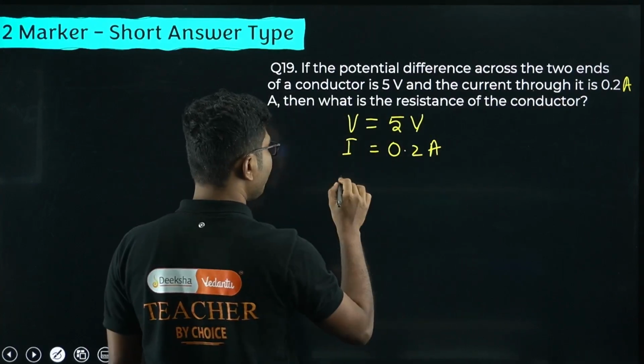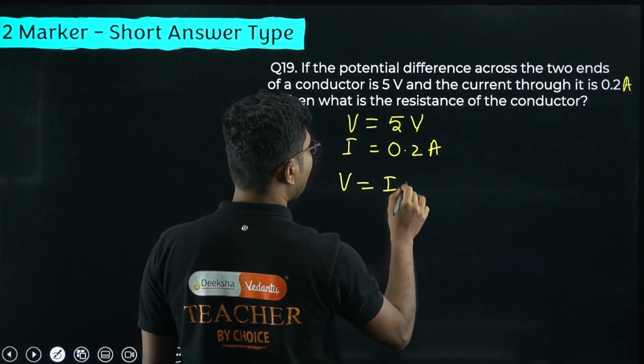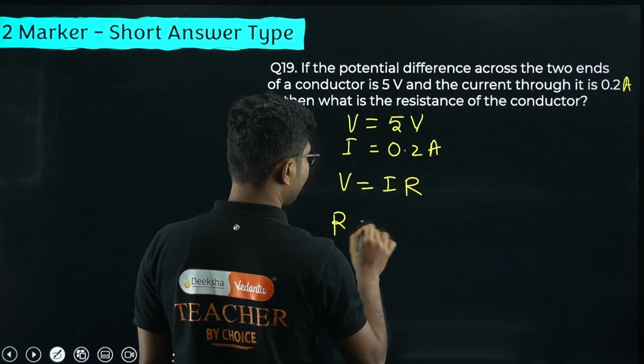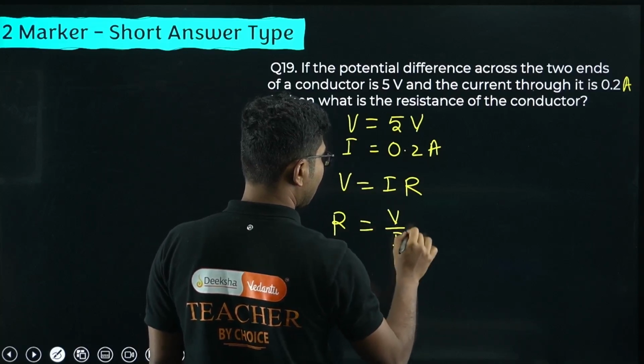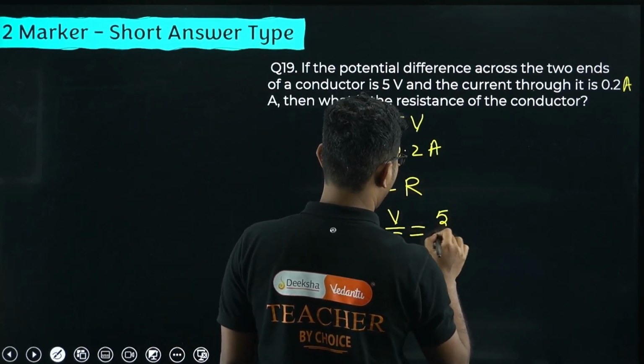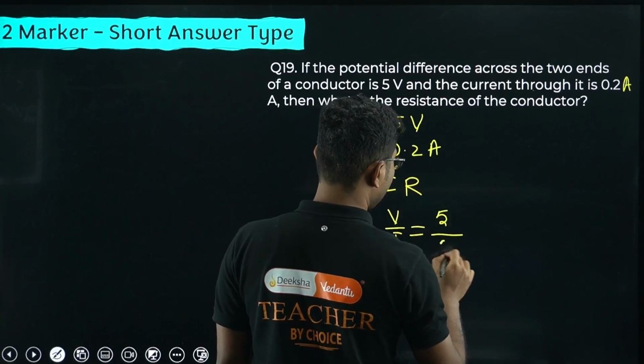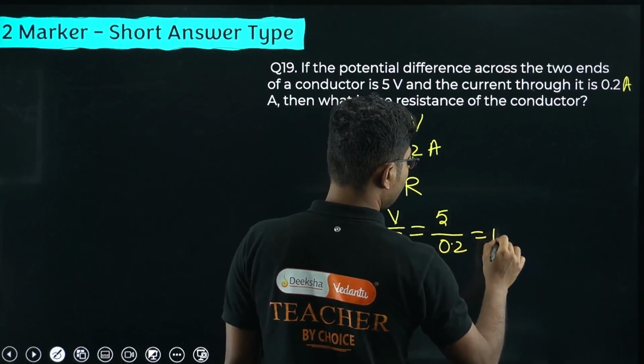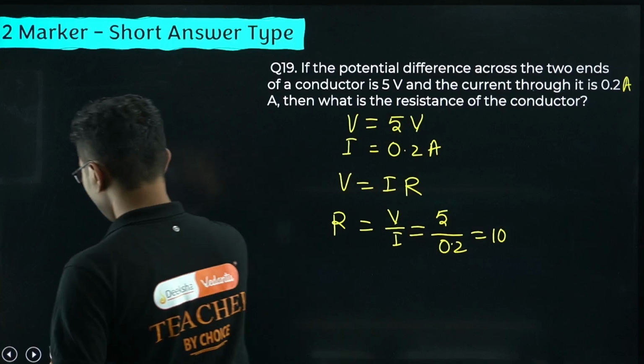V equals I R, so R equals V by I, where V is 5 volt divided by 0.2.